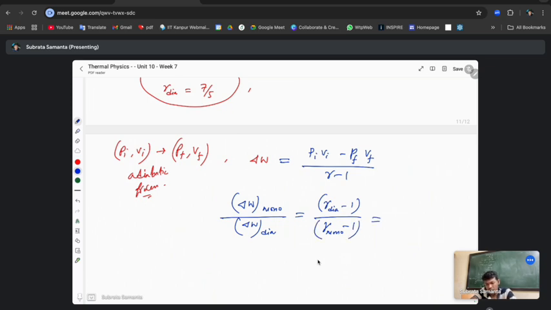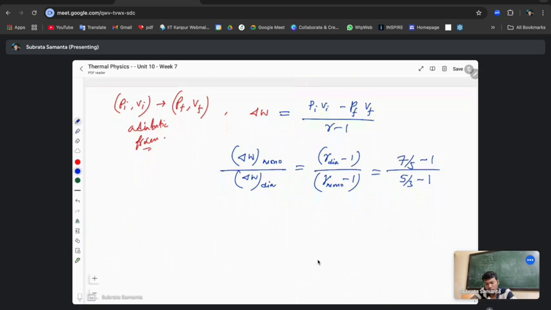Then this is 7 over 5 minus 1 over 5 over 3 minus 1, which is 2 over 5 over 2 over 3, which is 3 over 5. So 0.6, right? Any doubts?